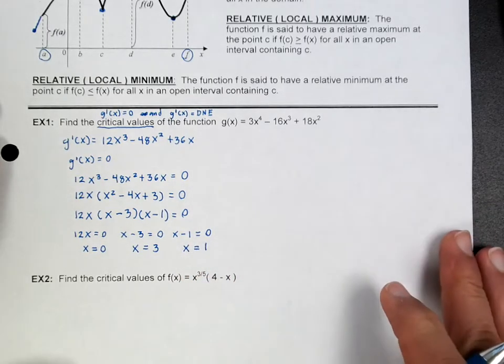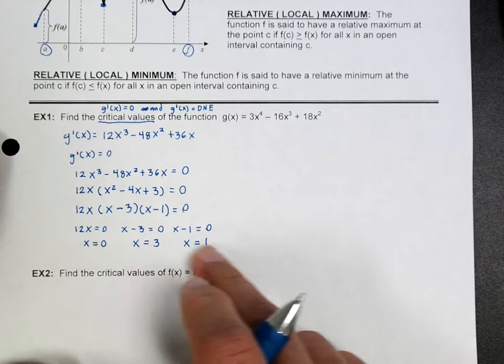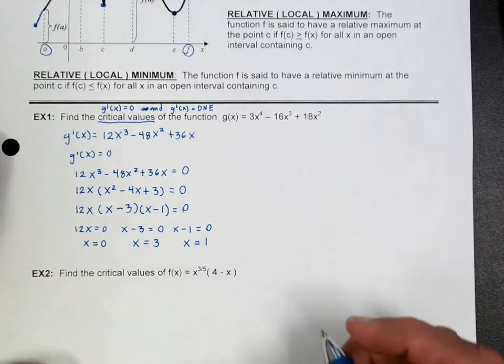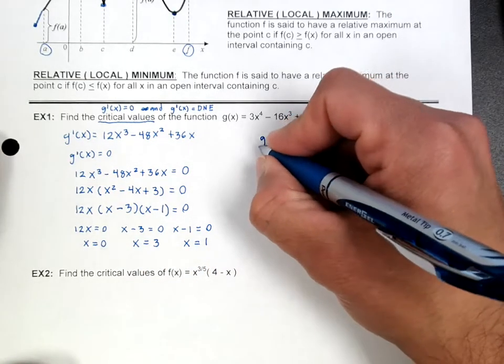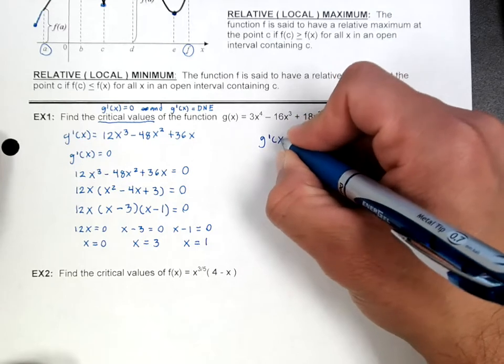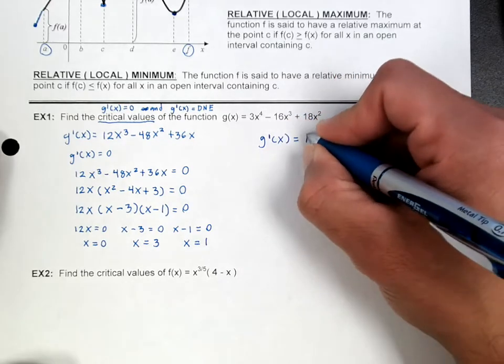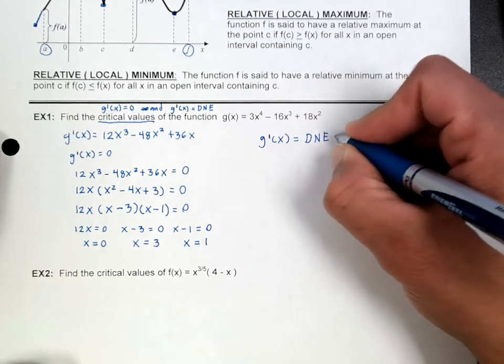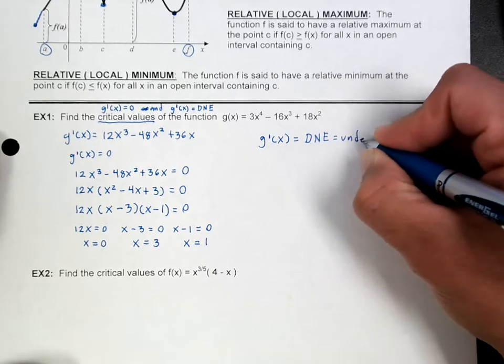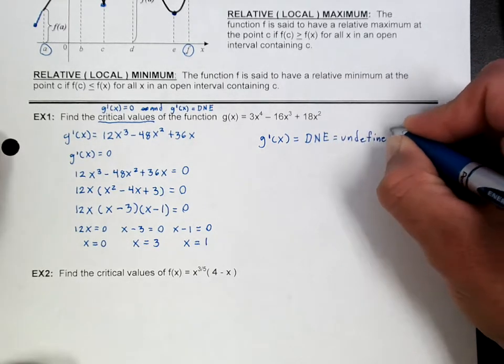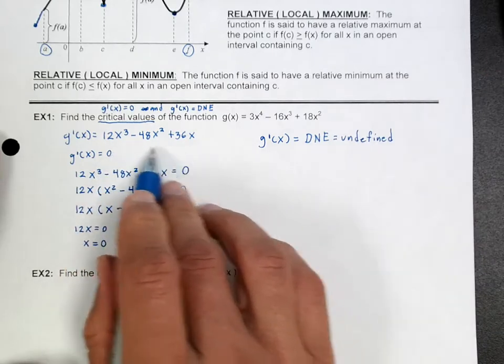And on this one, we don't have an interval, so I guess all of these are going to be included. And then now also, before I do anything else, I have to come back over here and figure out if there's anywhere where the derivative does not exist or is undefined. You can see the derivative function is some kind of cubic.